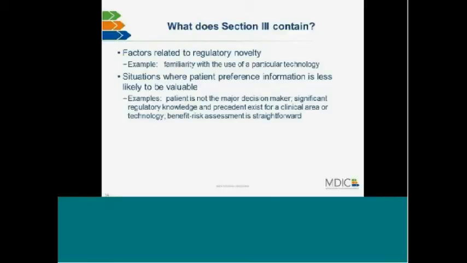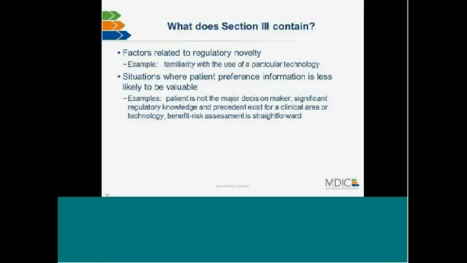And then lastly, the situations where patient preference information probably wouldn't be valuable. One is just when the patient isn't the major decision maker. We use the example of a surgical instrument, where really it's the surgeon who's making that choice and it isn't really a preference-sensitive decision from the perspective of the patient. Another one is when there's already significant regulatory knowledge and precedent.